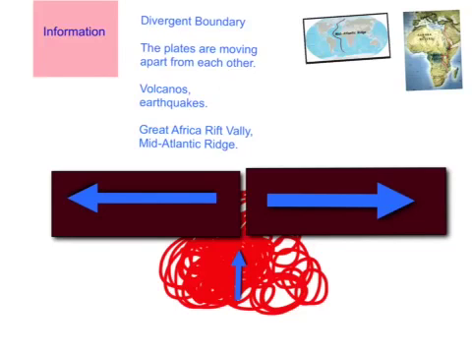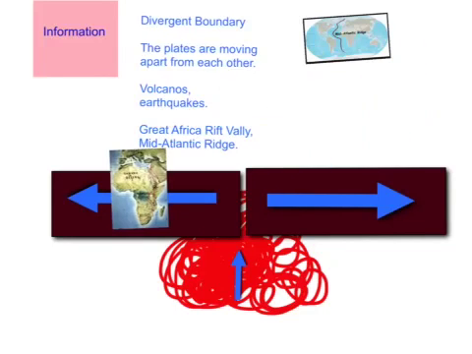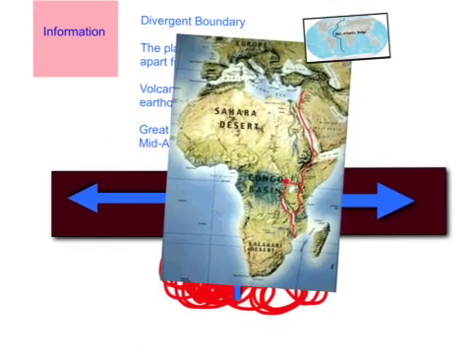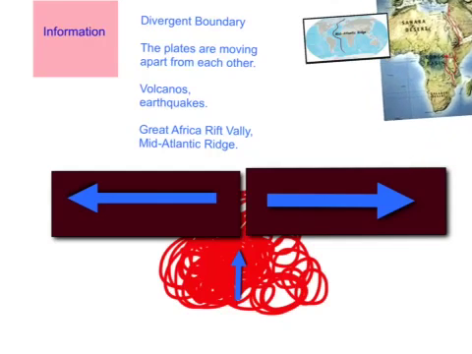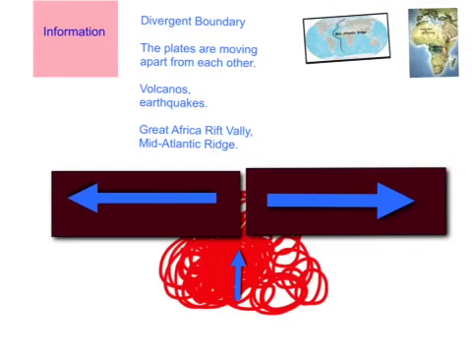The Great Africa Rift Valley is located in Africa, on the red line right there. And that is where the Great Africa Rift Valley is at.